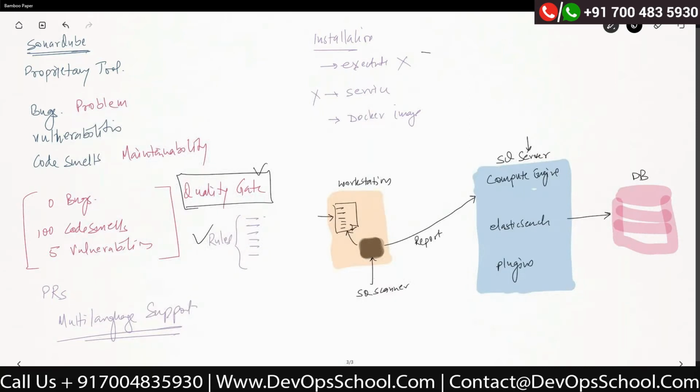Now these are the ways your SonarQube server can be installed. All right. On my Windows laptop here, I will download a sample code base, right, which is written in Java. So I will download the sample code base, and I will also download the SonarQube scanner.